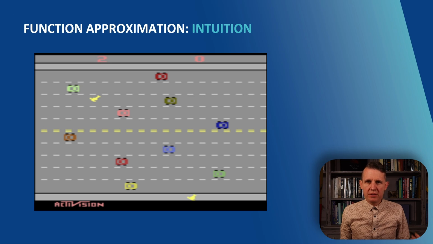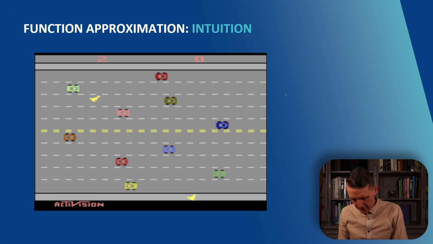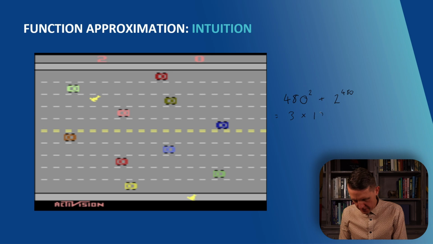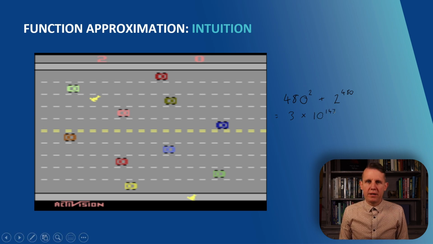So from the perspective of a state space, we now have 480 different locations that a kangaroo can be in, squared, because there's two kangaroos, plus for the cars we have 2 to the 480 different combinations of where there's cars in each spot. If my calculations are correct, that would mean there is 3 times 10 to the power 147 different states in this MDP.